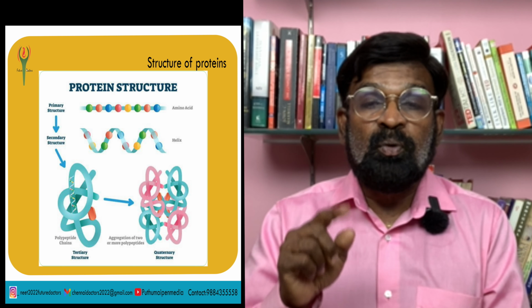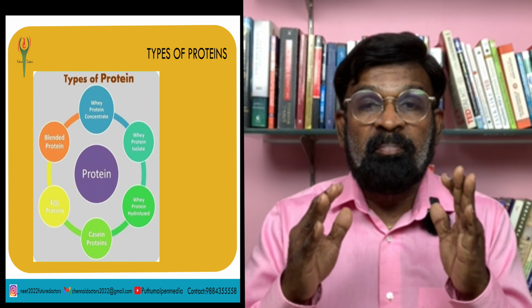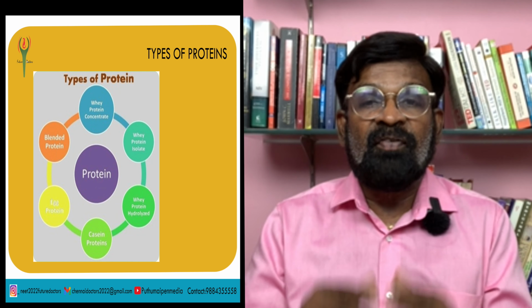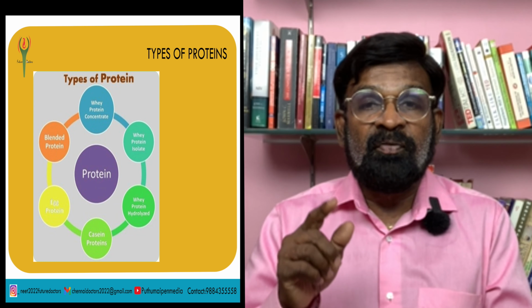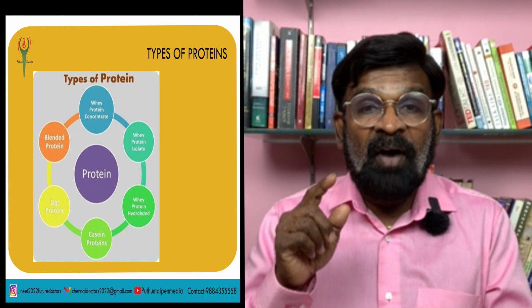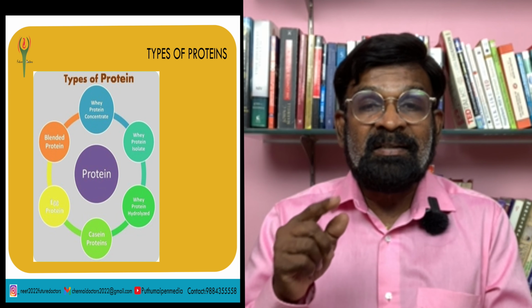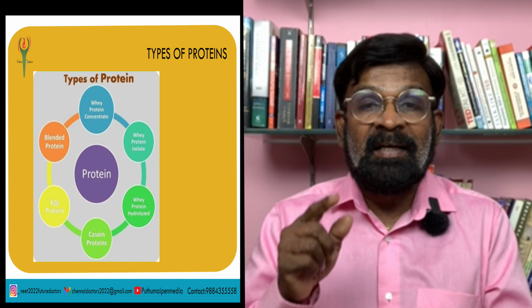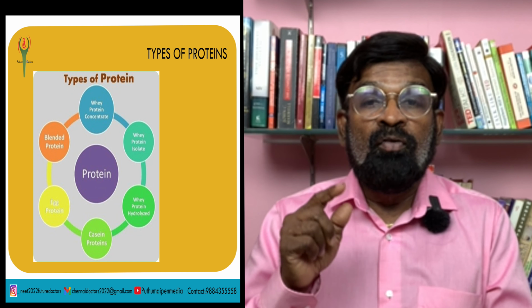Then moving on, proteins are classified on the basis of shape, chemical composition and functions. These are of two main types. One is fibrous protein, the protein having spiral secondary polypeptide chains wound around each other in order to form fibers.